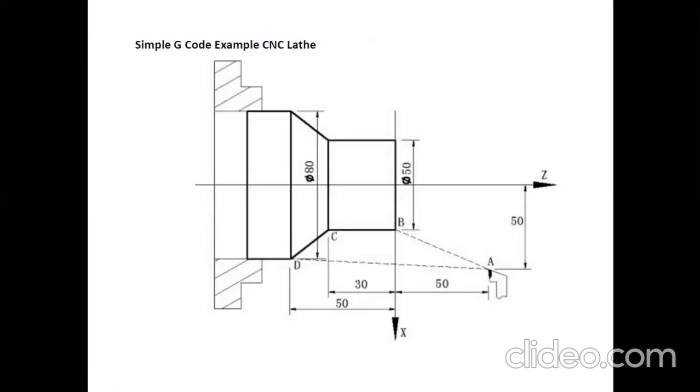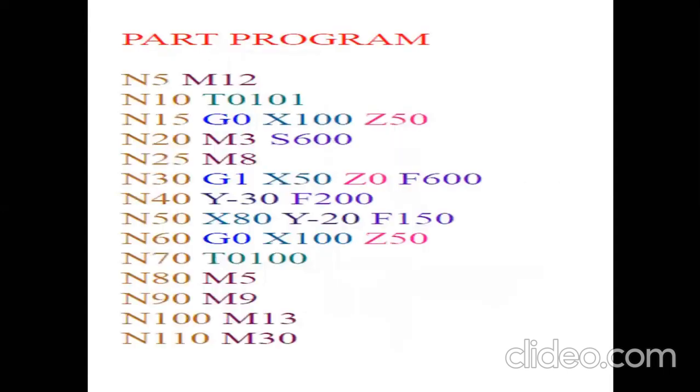Why Z0? Because at point B your Z value is 0 and the X value is 50. Now we have to provide the feed rate to carry out this operation, which is mentioned in this line as F600.